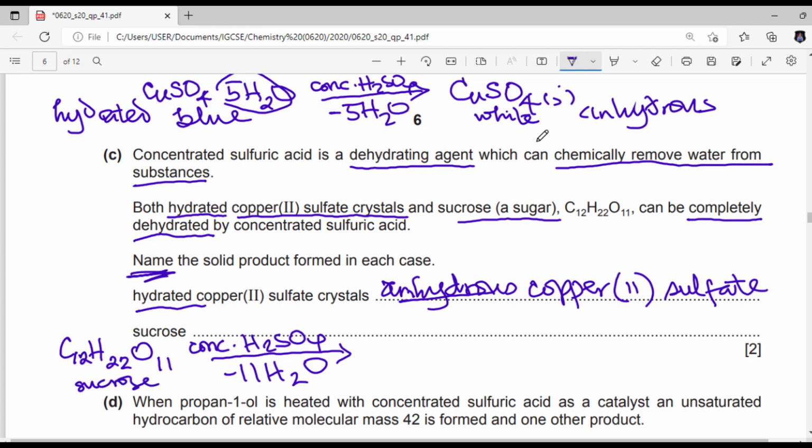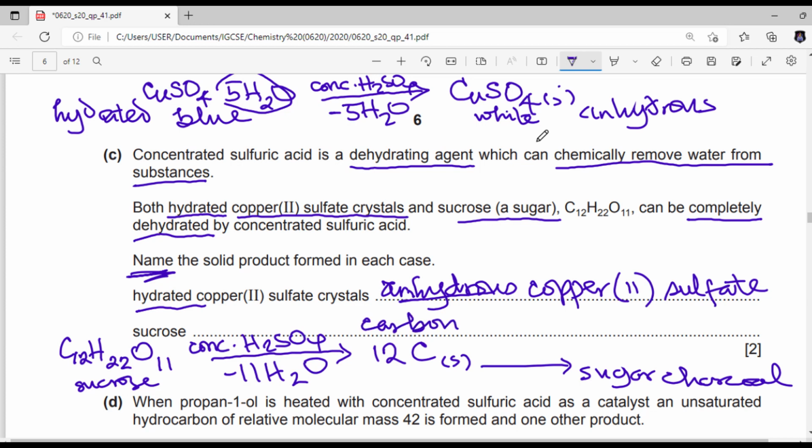So when we remove 11 water molecules from this sucrose, all we have left is 12 carbon atoms, right? 12 carbon atoms. And at times this carbon is known as sugar charcoal. But the answer here is carbon.